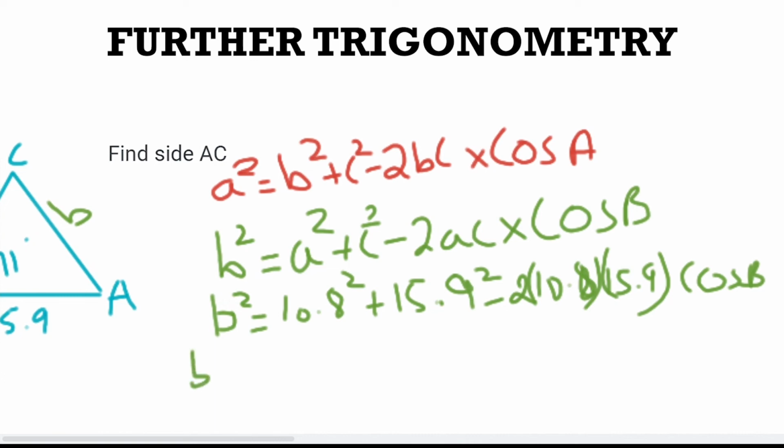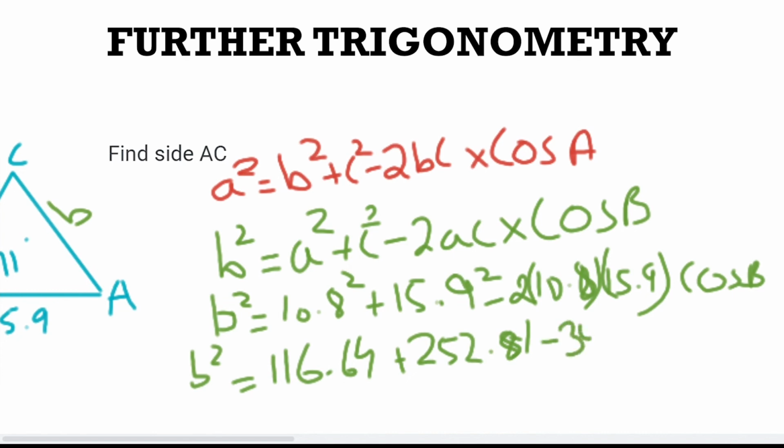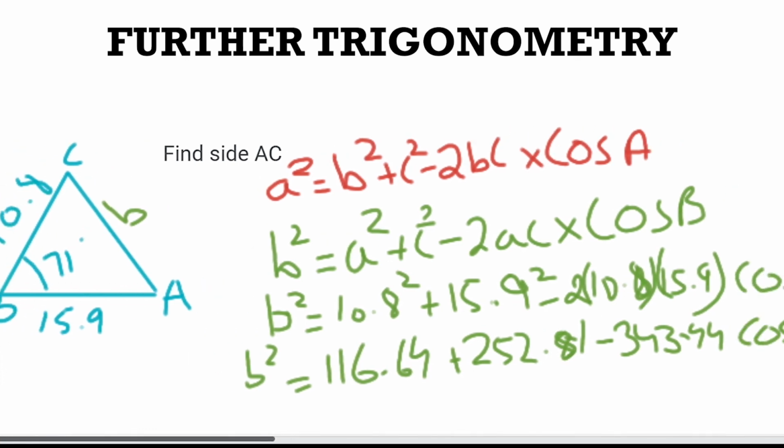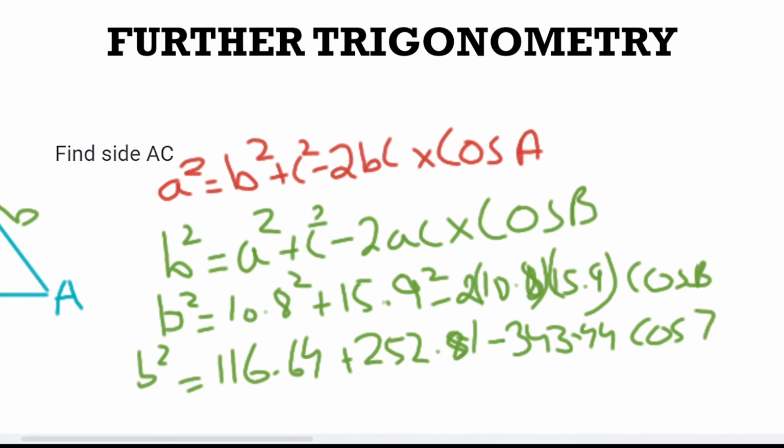So b square will be equal to 10.8 square is equal to 116.64, and c square is equal to 252.81. Then we will multiply with minus 2, so it will be minus 343.44 cos, and B is given as 71, so we will write 71 over here.